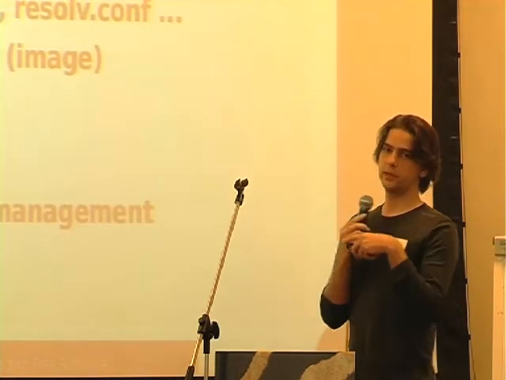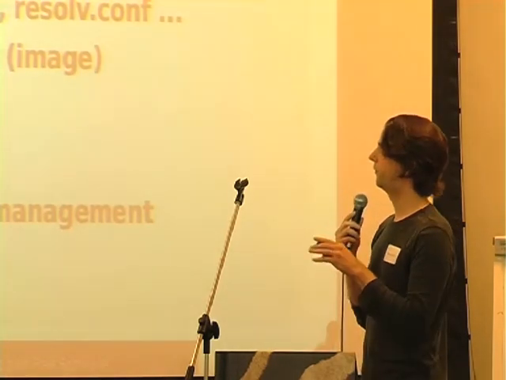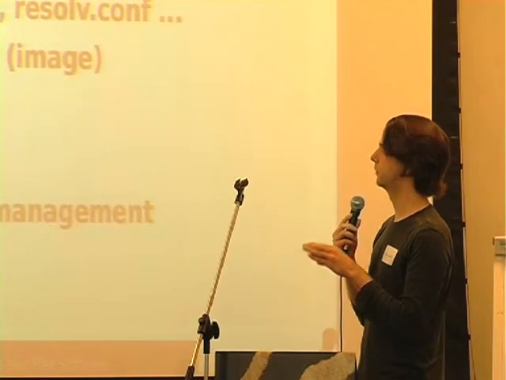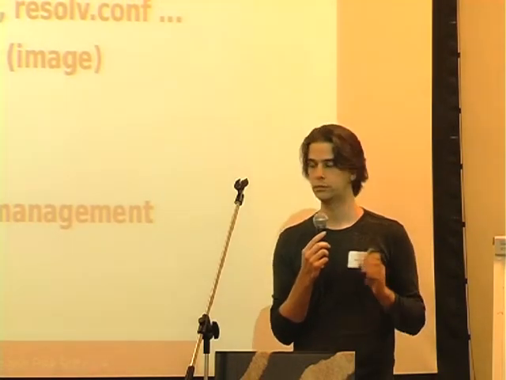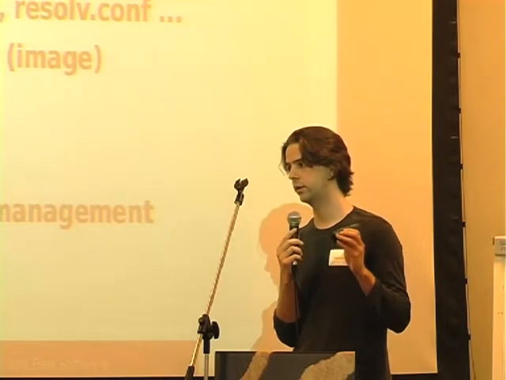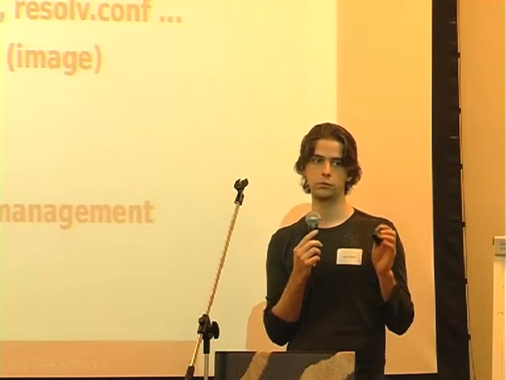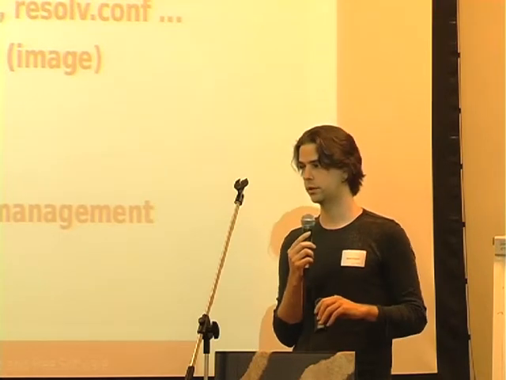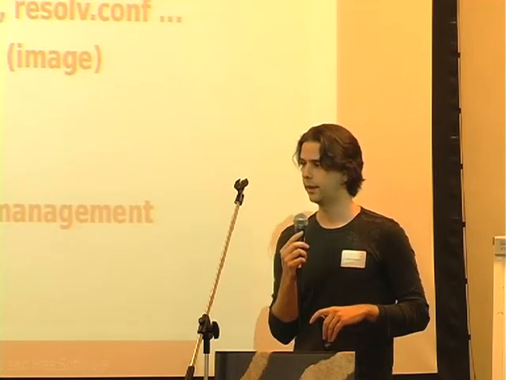The build process is very simple, 4 steps. You have to bootstrap the system, in your case Debian. Then we run several configurators. You can change this list, and you can use Puppet at least.